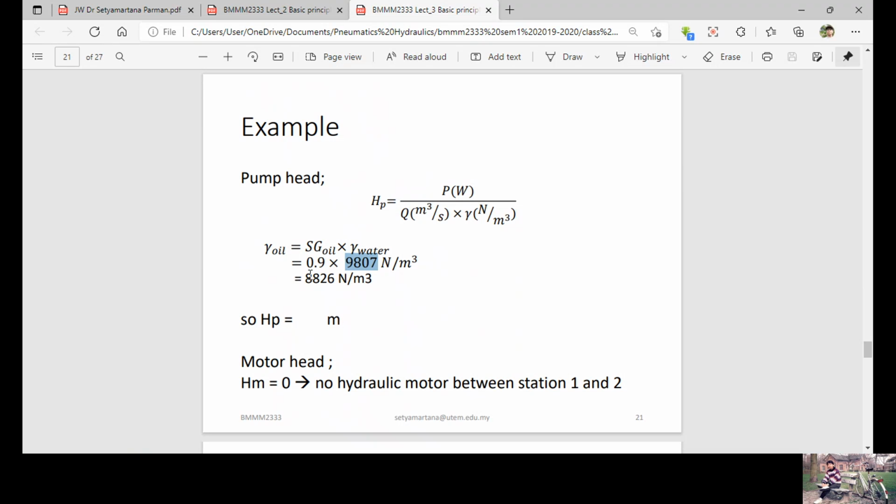So we will have gamma oil 8,826 Newton per meter square. So we can calculate. This is given, 3 kilowatt. This is given also, and this has been calculated here. So we get HP.